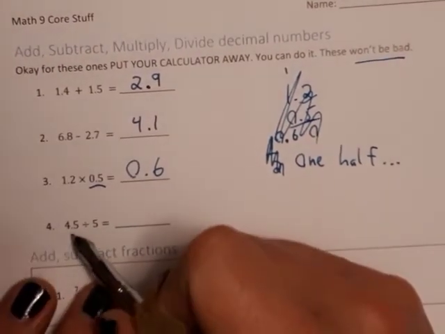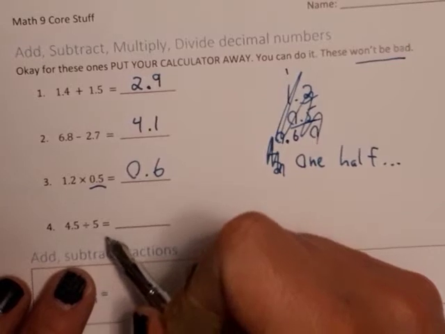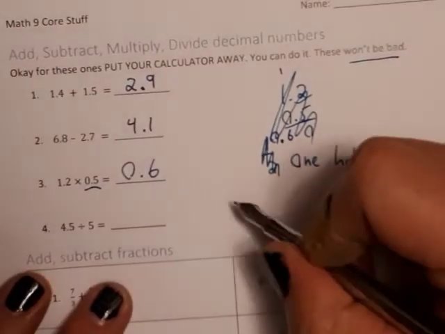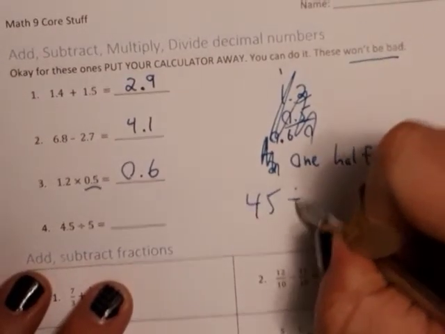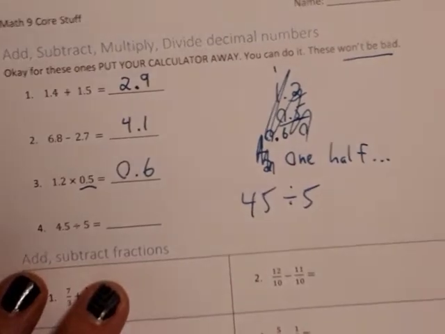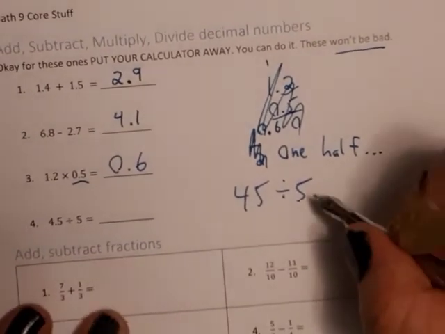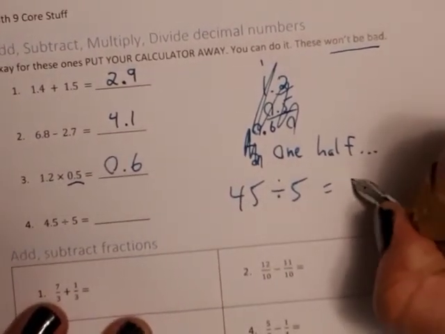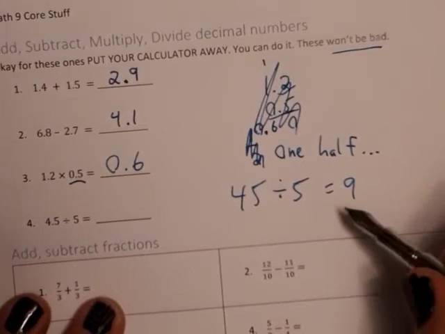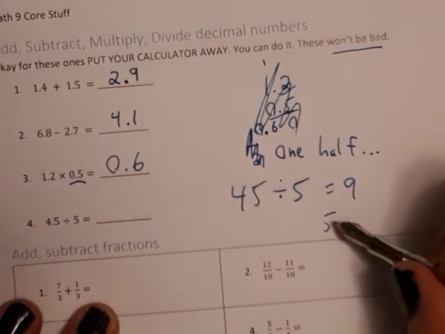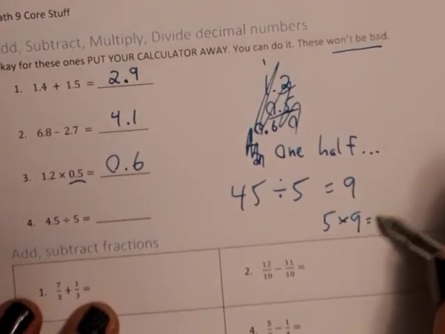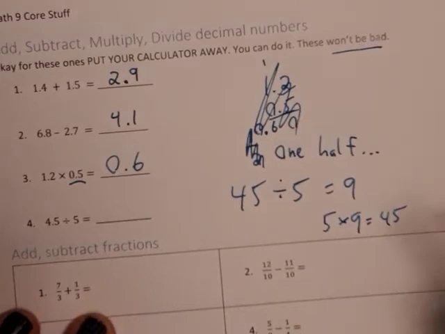Okay, here we go. 4.5 divided by 5. Well, hold on a minute. What if I said it was 45 divided by 5? You might look at your multiplication tables and find out that that's equal to 9. Well, because 5 times 9 is 45. Okay.